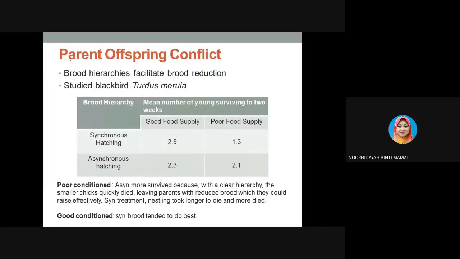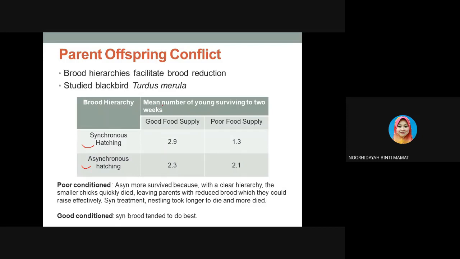For example, here the brood hierarchies facilitate brood reduction. The hierarchy in the brood will facilitate the brood reductions. This study had been done in the blackbird, Turdus merula. So this is the brood hierarchy. We have synchronous hatching, and also asynchronous hatching.